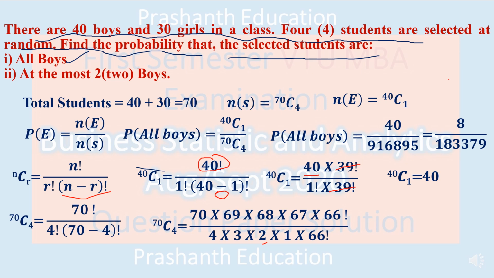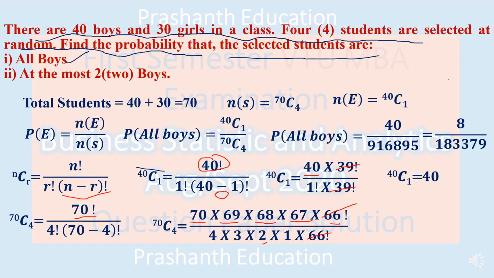Just expand that factorial as far as you can and divide. For example, for 70C4, 70 minus 4 is 66, so you go from 70 till 66, like here 70, 69, 68, 67, 66.